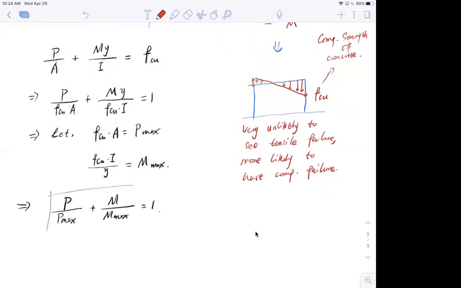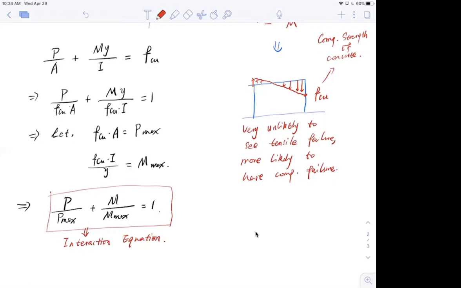And this equation right here is called the interaction equation. What does it mean?